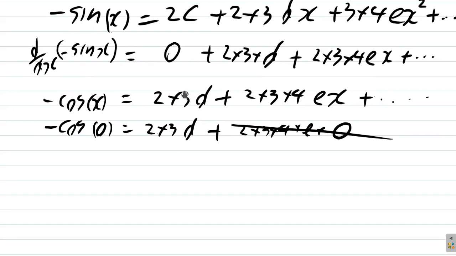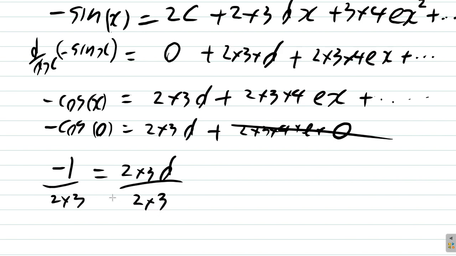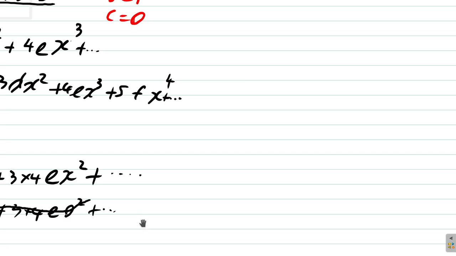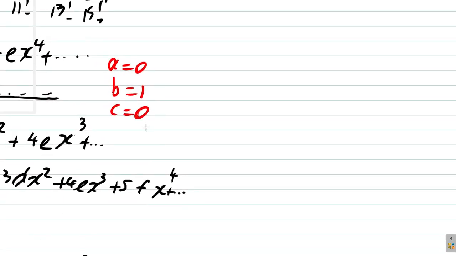So now, cosine of 0 is 1. So this is negative 1 equal 2 times 3d. Now when you divide by 2 times 3, d would be negative 1 over 2 times 3. So d equal negative 1 over 2 times 3.